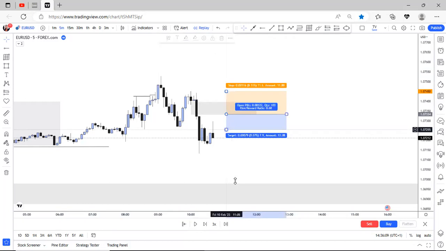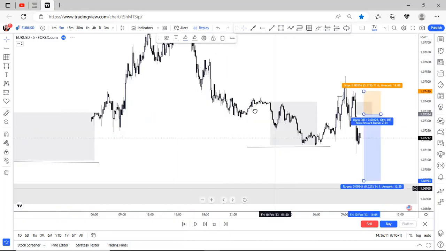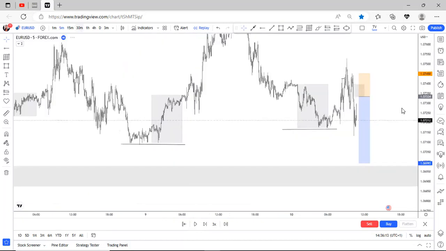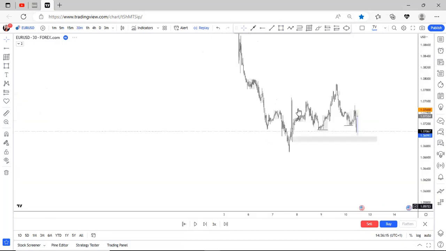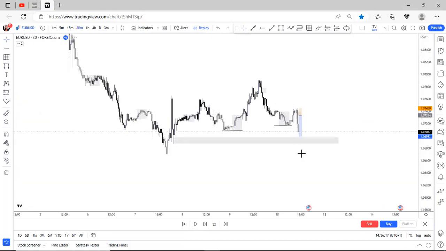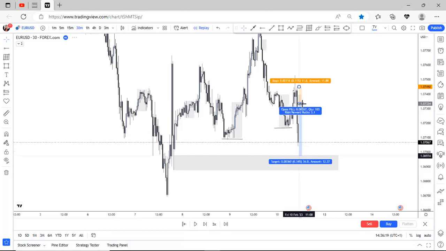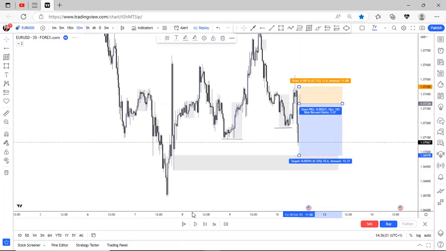So still looking to go down because of course we have liquidity to be cleared, targeting this low, but price never came back.